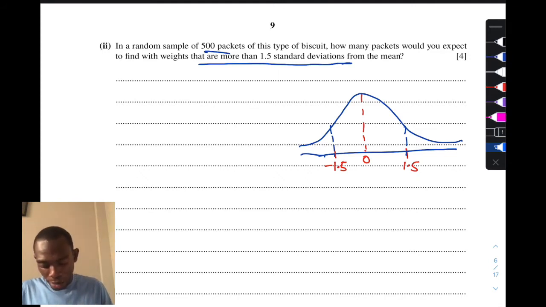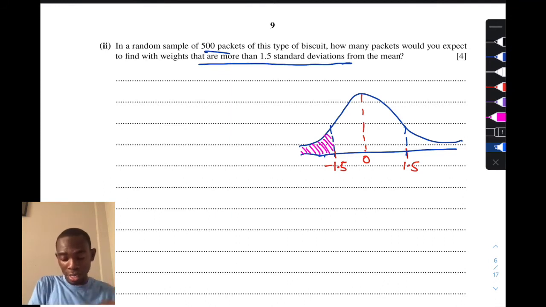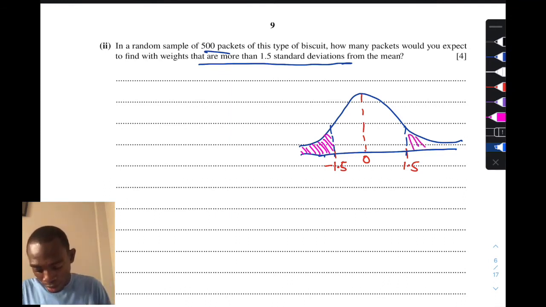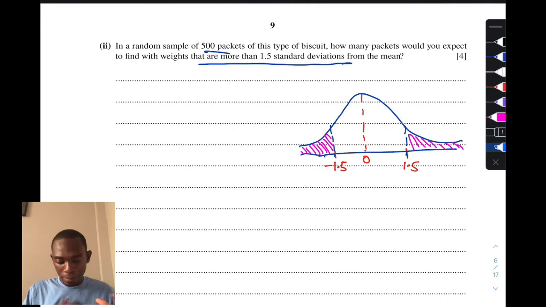If you have 1.5 on both sides of the mean, then this is where you are interested, below negative 1.5 of it, and then also something like this. Because it says more than 1.5, it didn't say in between.